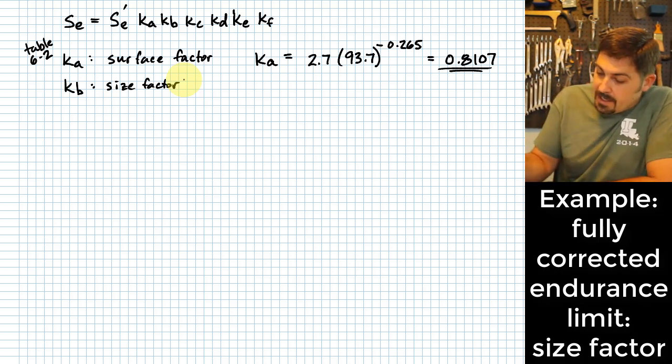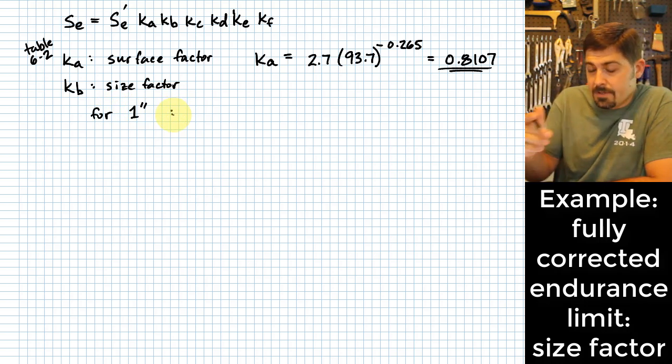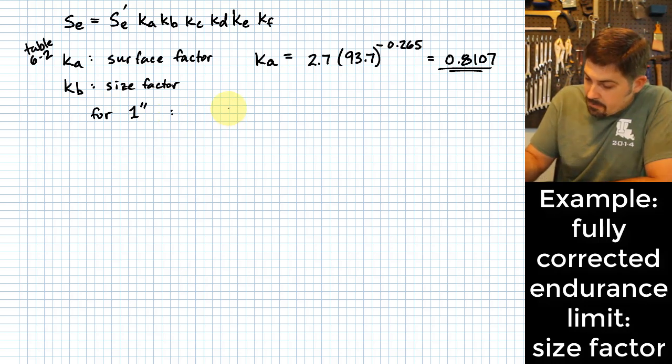And we need to do it actually for two different sizes because we have both a 1-inch diameter. That's to the left of this component where we're trying to evaluate this. And the value for that is going to be Kb is equal to 0.879 times, okay, that 1 inch we plug in here.